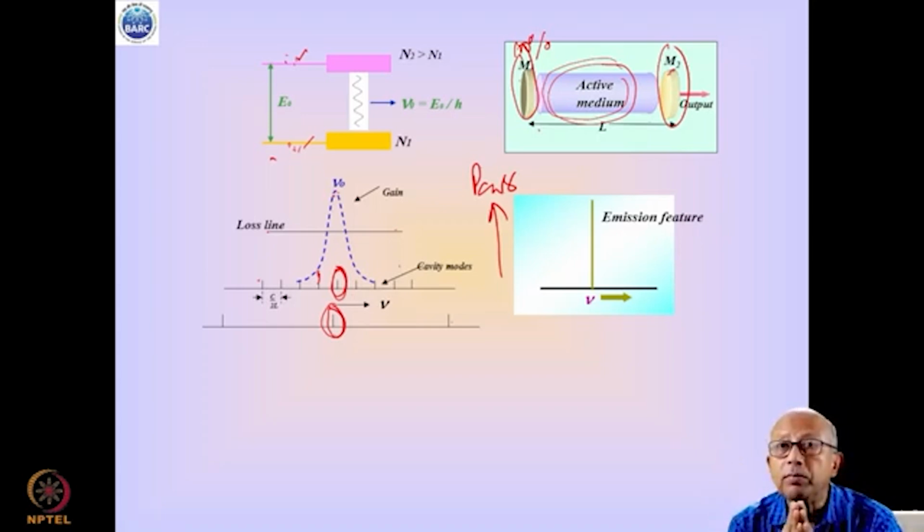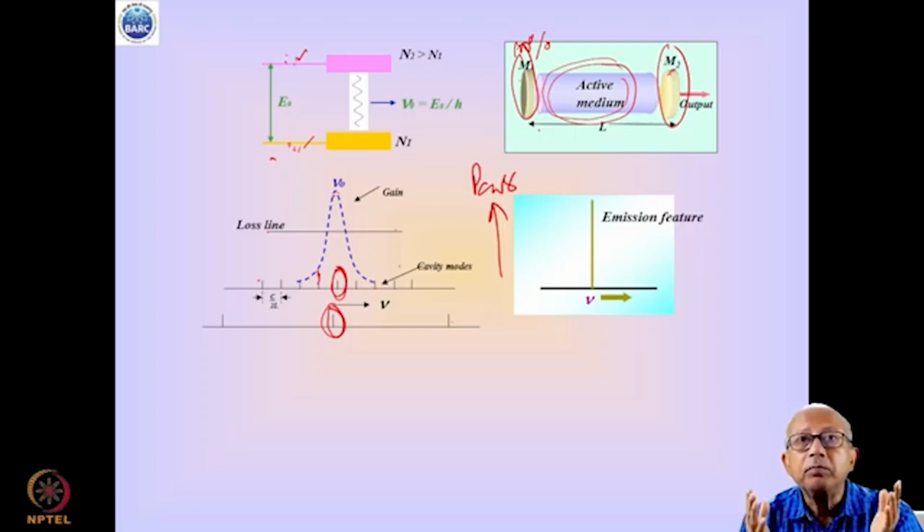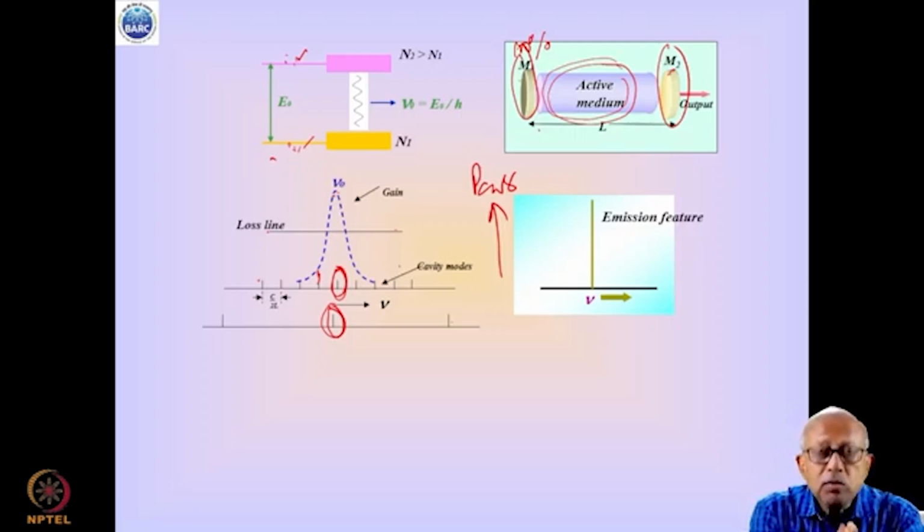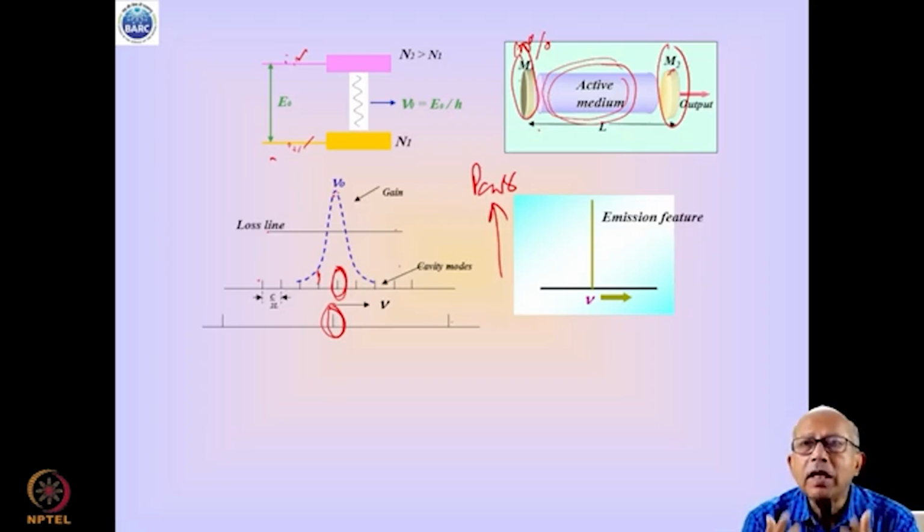Because if you reduce the pressure, the collision frequency will be less, so the excited molecule can reside in the excited state for a longer time. So if you have to reduce the broadening, you have to reduce the operating pressure. Now, reducing the operating pressure means you are reducing the density of the active molecules, which actually provide you the lasing output. If there are fewer excited atoms, that means you will generate a smaller number of photons.